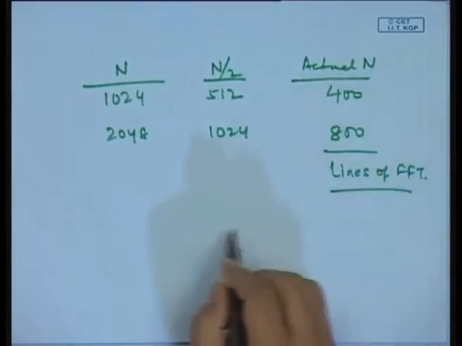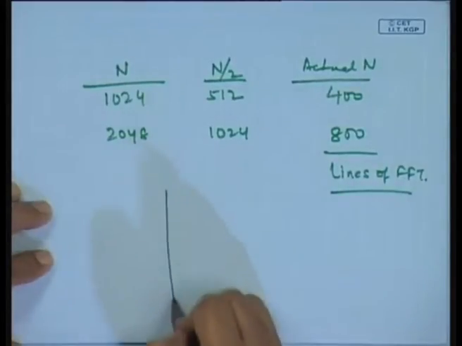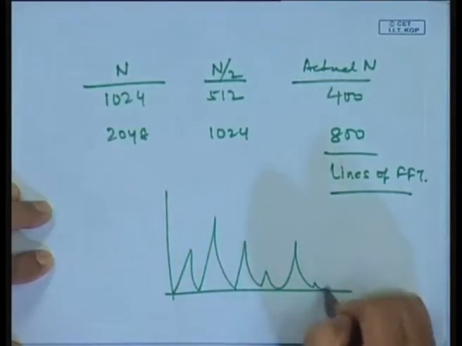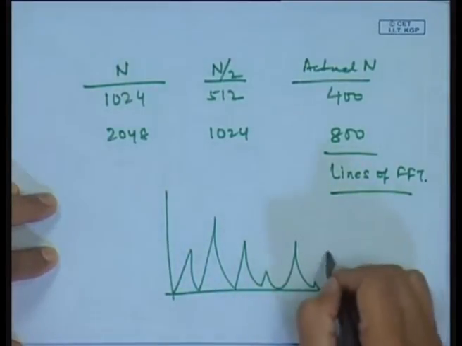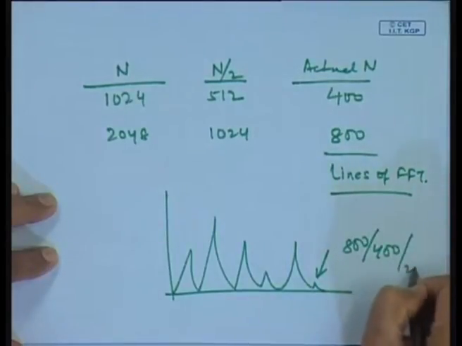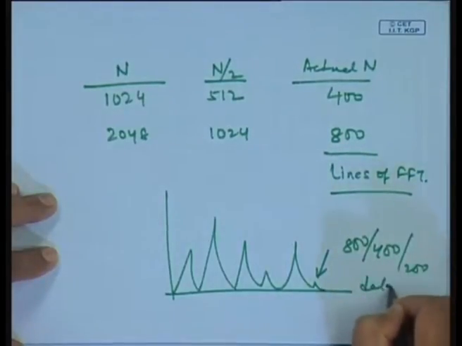This means, in my FFT analyzer, I will only show you 800 or 400 or 200 data points.